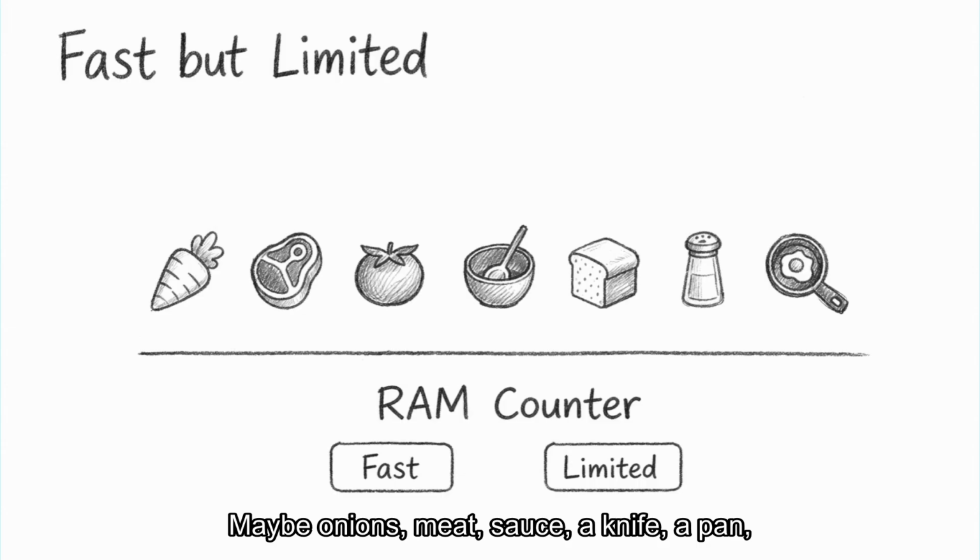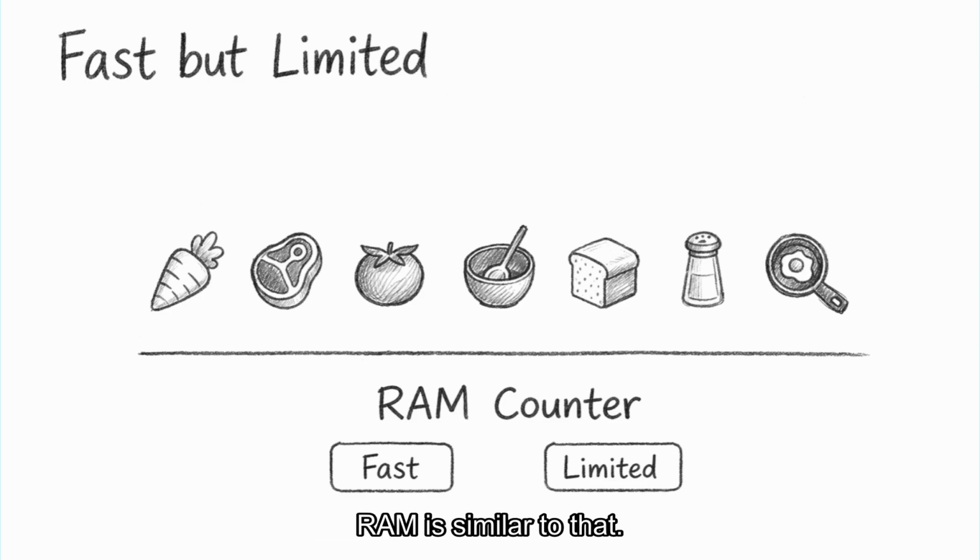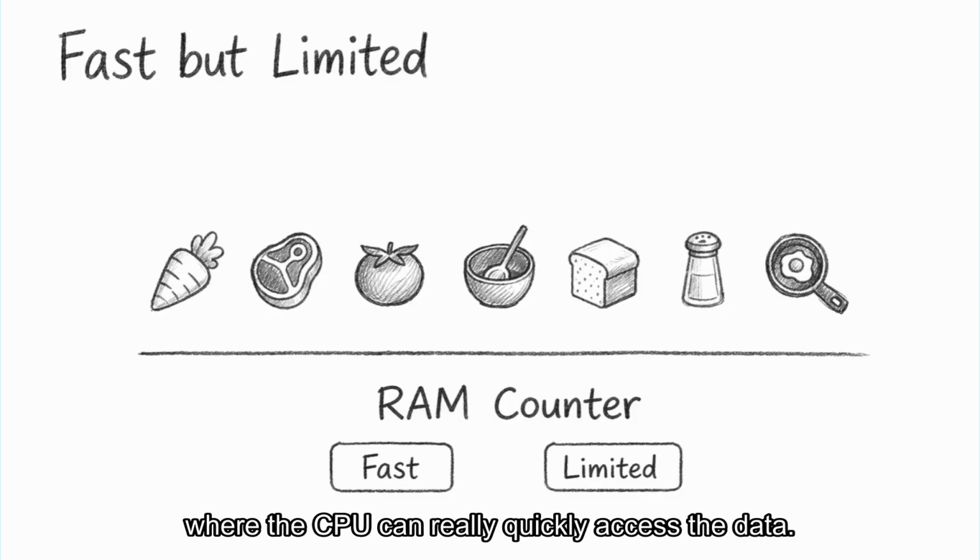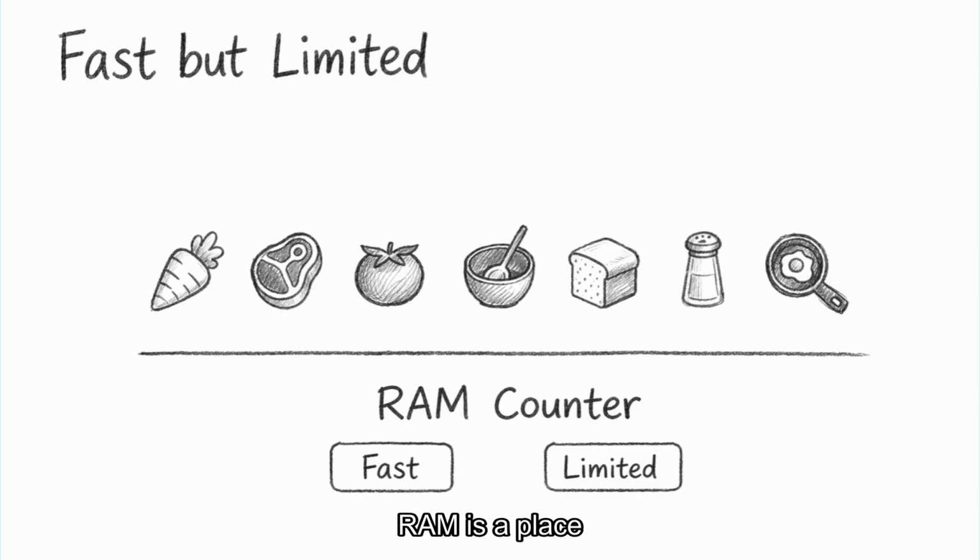Maybe onions, meat, sauce, a knife, a pan, and a cutting board. The counter is a nearby workspace. RAM is similar to that. It's a fast working area where the CPU can access the data really quickly. In other words, RAM is a place where the things currently being used are temporarily placed.